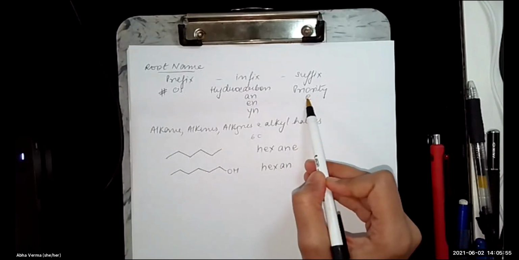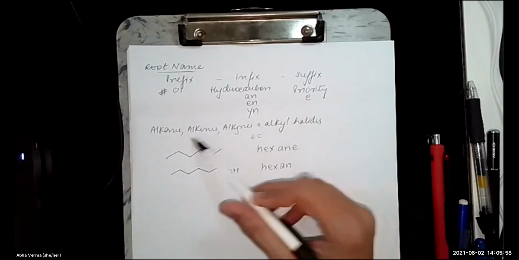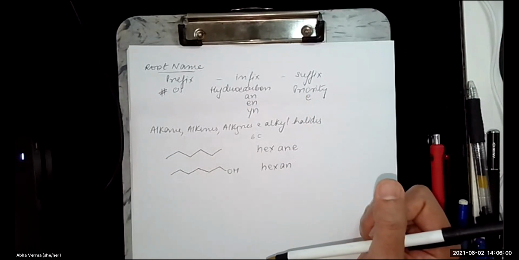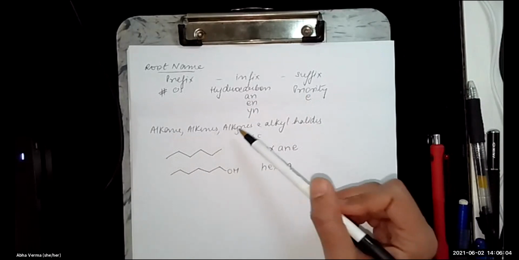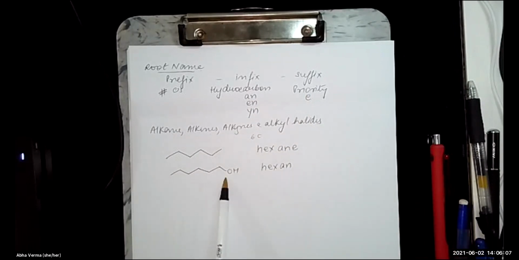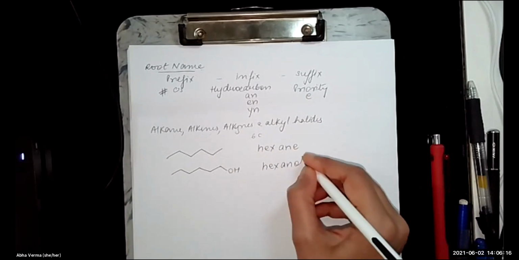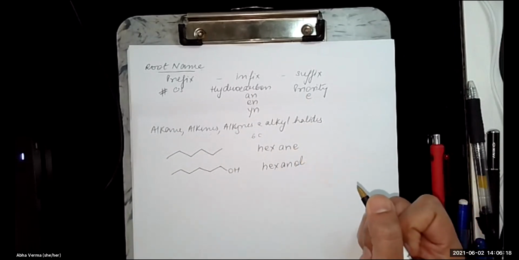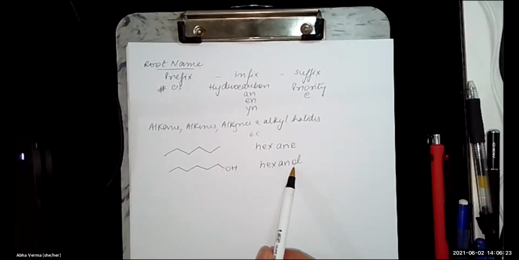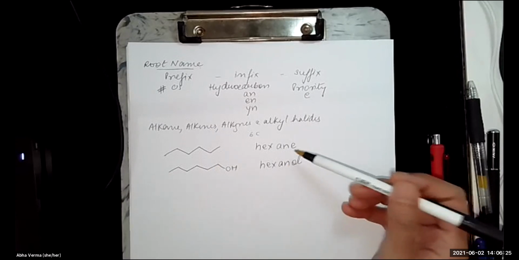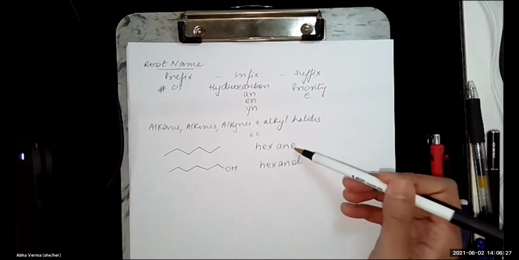But now my priority is not e anymore. Why? Because it's not an alkane, alkene or alkyne or an alkyl halide only. I have something different. There is a priority group on this. So instead of writing my e, I will write the priority ol, which indicates to me that in my molecule, I have an alcohol. So do you see how the e can change?